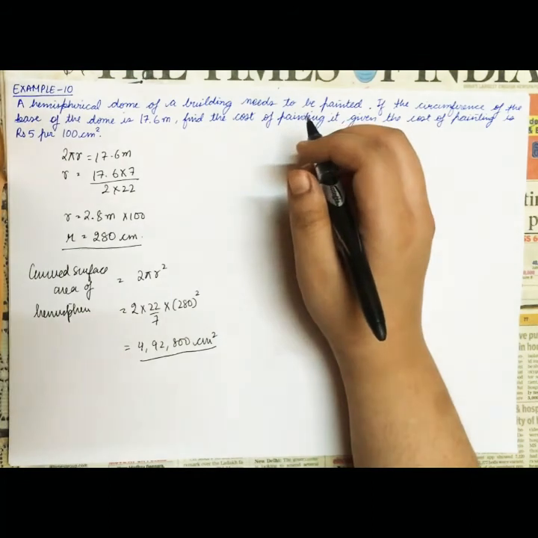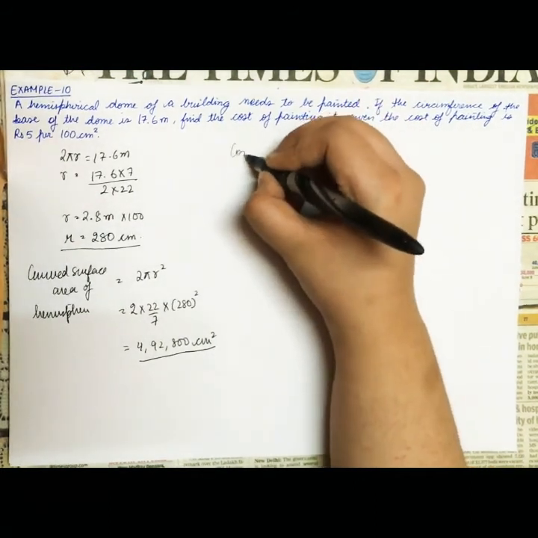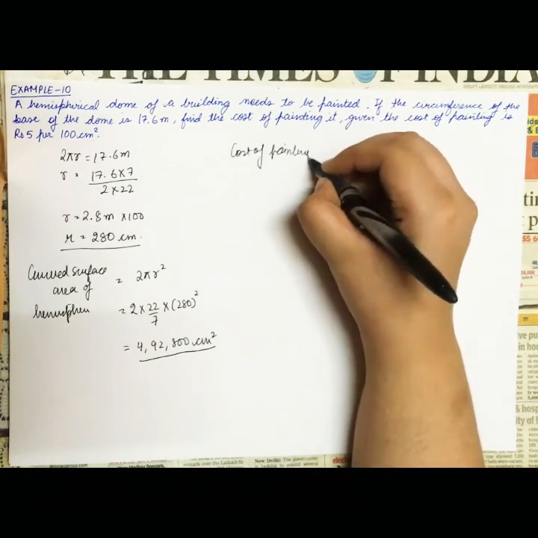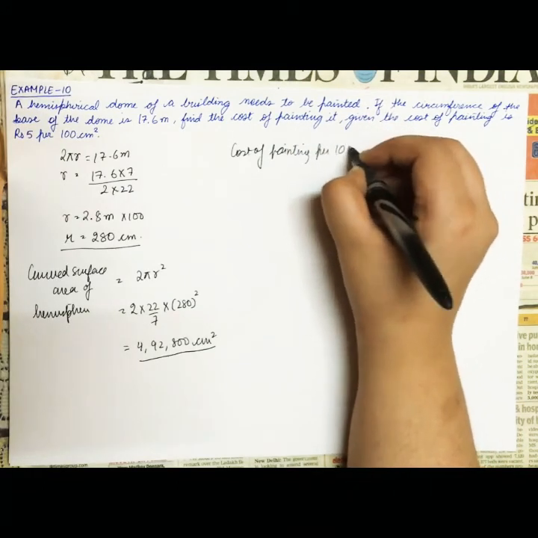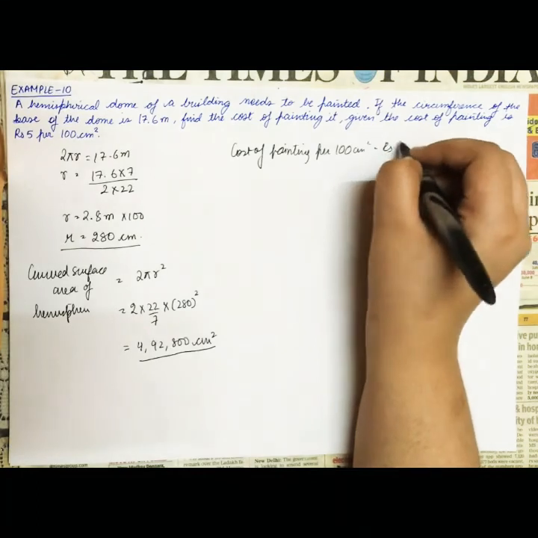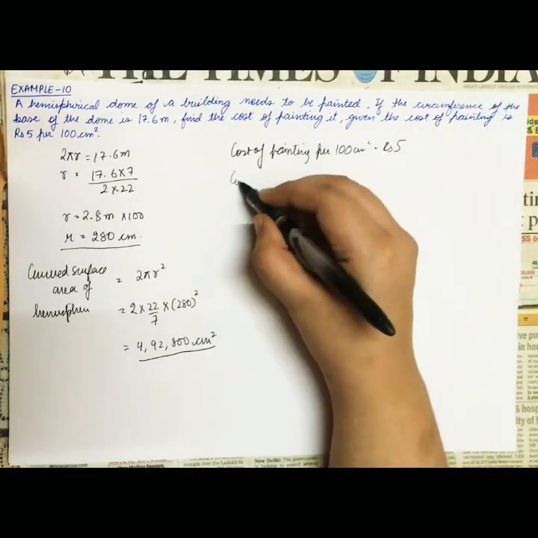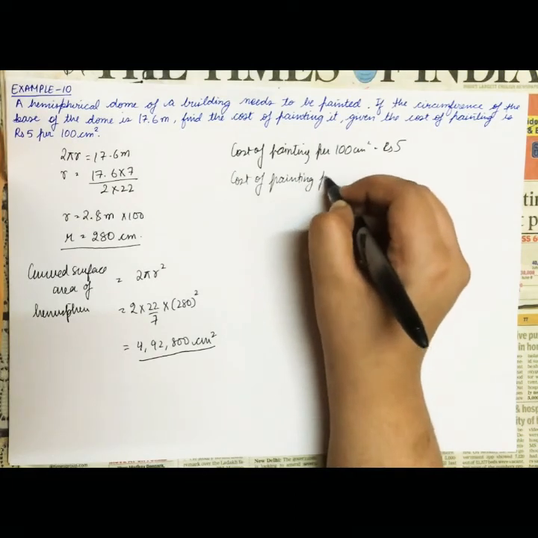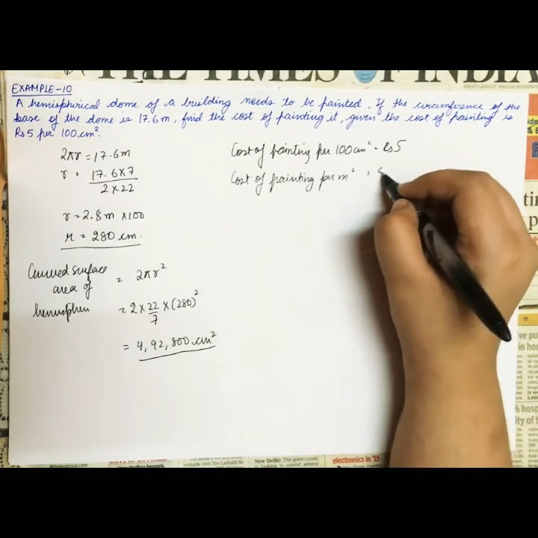Now, cost of painting per 100 centimeter square is equal to rupees 5. Similarly, cost of painting per centimeter square will be 5 upon 100.